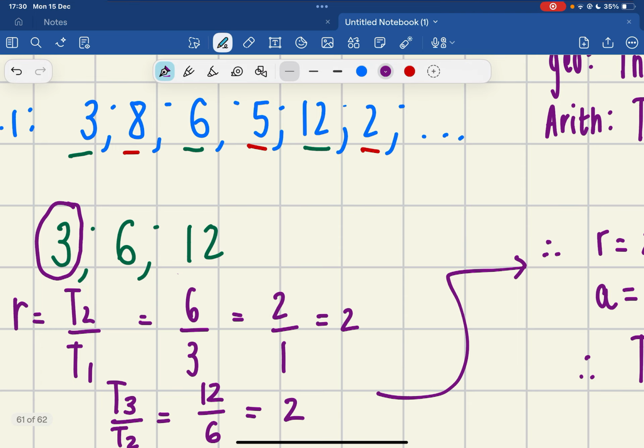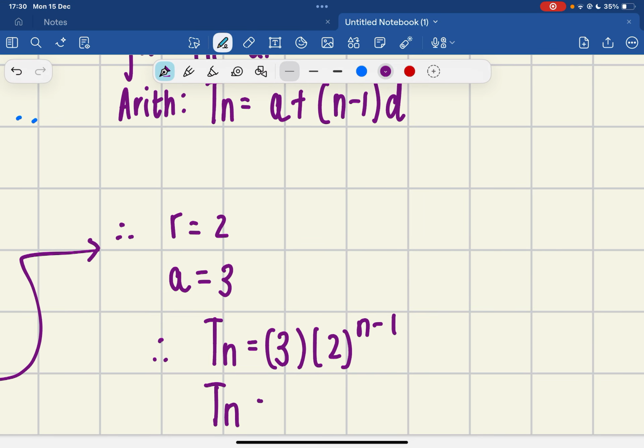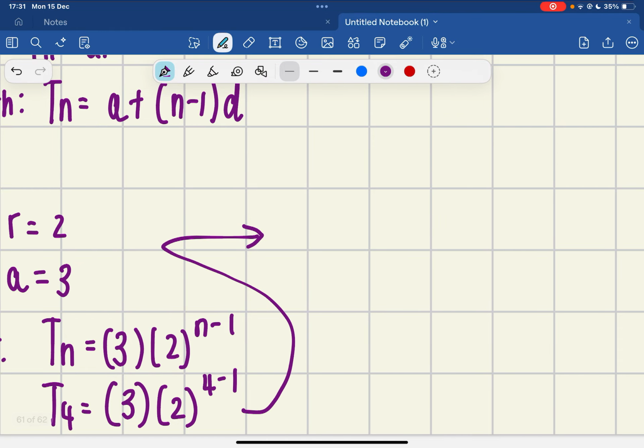The next term that would follow in this sequence would be term 4. So T of 4 is equal to 3 times 2 to the power 4 minus 1, which simplifies to 3 times 2 cubed, which gives us 24.